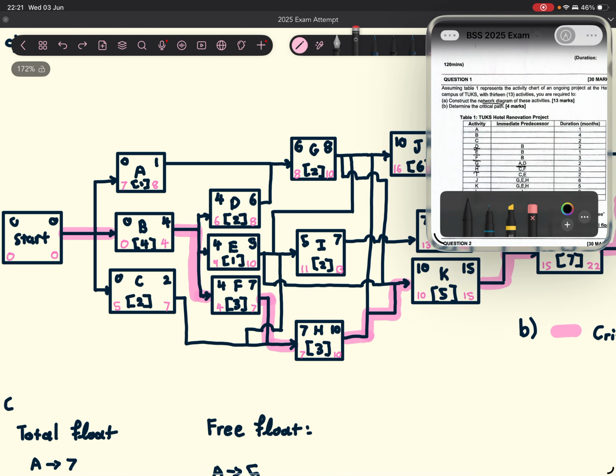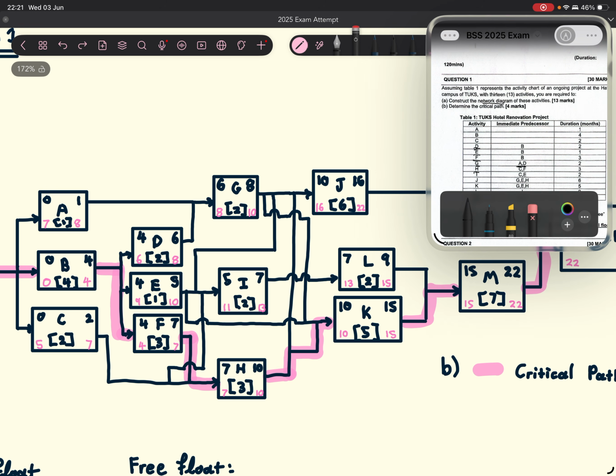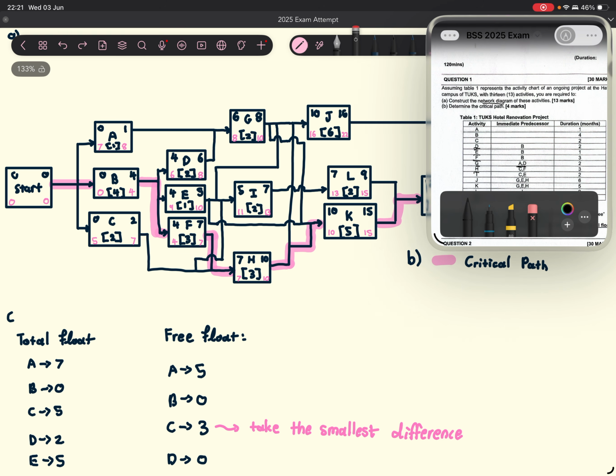But if you actually do that, then you'll see that you're going to be eating into the time needed to start this activity, and this activity can't start until this one is finished, so you end up delaying the whole project. So yeah, in short, choose the smallest difference. Hope that makes sense.